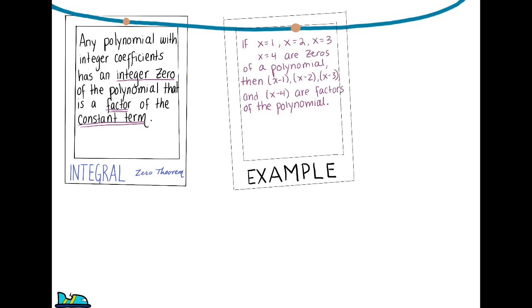Now, we can use this information to understand what the constant term of the equation would be. If you multiply those factors out, you look at the constant term, and you can figure out the constant term just by multiplying those zeros. So 1 times 2 times 3 times 4 gives you 24.